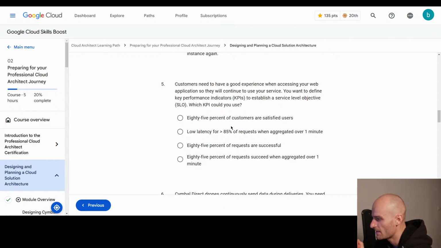So this is a good experience. 85% of customers are satisfied users. What does this mean? Low latency for 85% of requests when aggregated over 1 minute. 85% of requests are successful. 85% of requests succeed when aggregated over 1 minute.